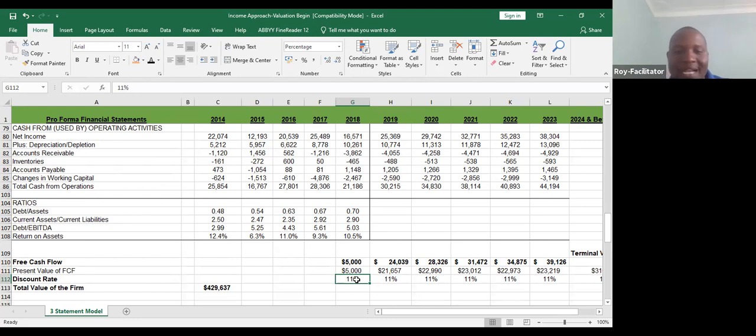Sometimes you borrow from external entities, and depending on the average rate, we shall use that to determine the discount rate. Ideally, that is the case. So if you've never borrowed and probably intend to borrow from the bank, you can just still use 20%. But if you are calculating in US dollars, 22% is like 11% because dollars are of a higher rate. So the percentage is usually lower.